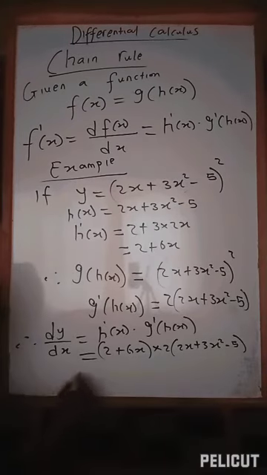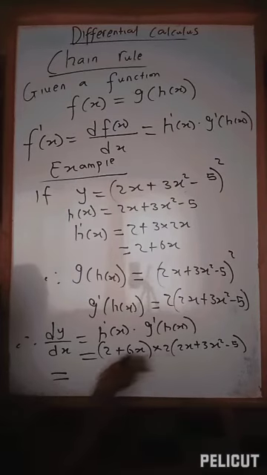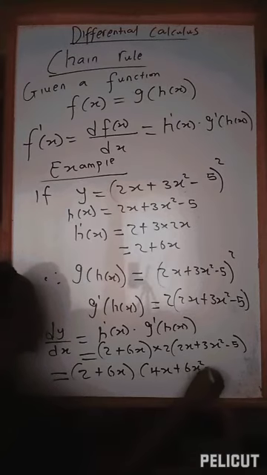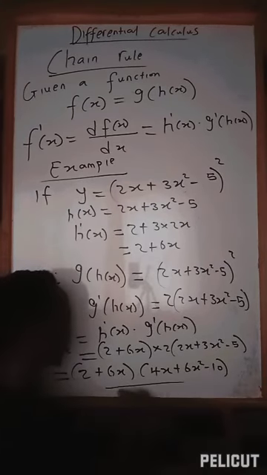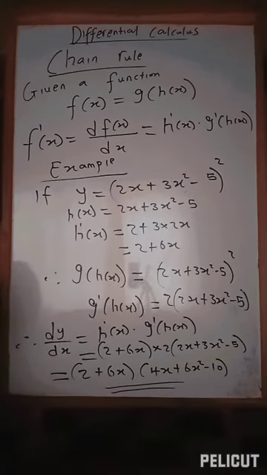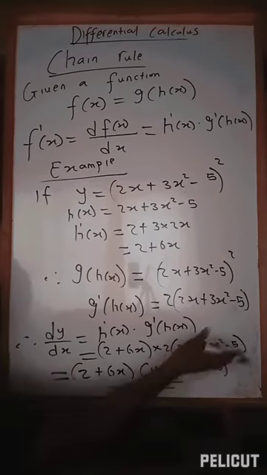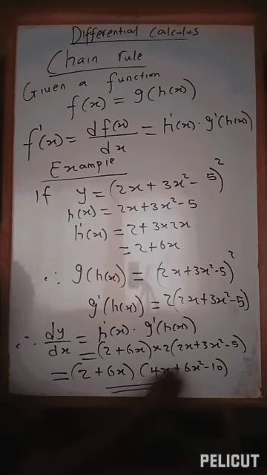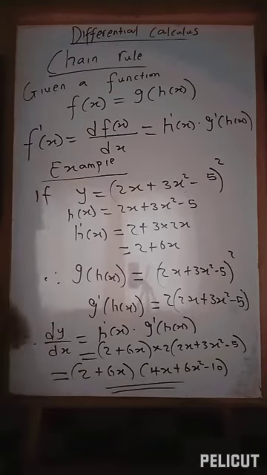You can simplify these, and if you simplify this, the 2 comes in and that gives 2 plus 6x times 4x plus 6x squared minus 10. We can leave it this way, or whatever way you want to leave it. You can try to open this up, but this is just how to go about it. The rest is just simple simplification. If you like, you can leave the answer this way, or you expand. Okay, let's take another example.